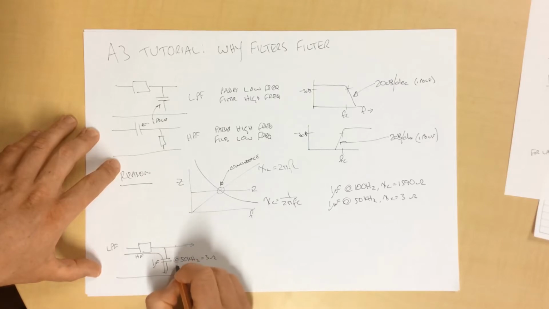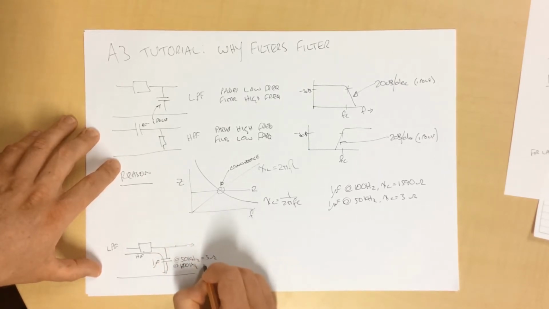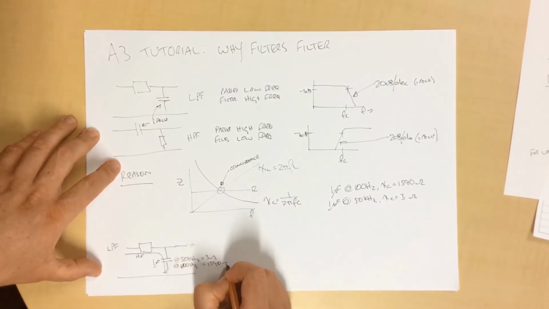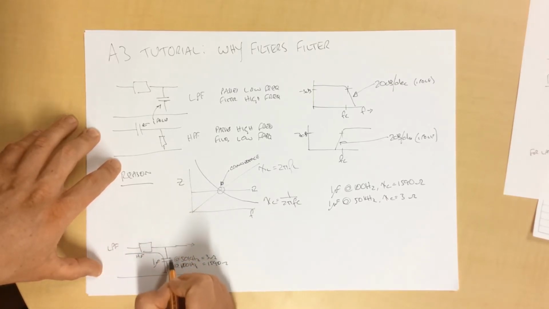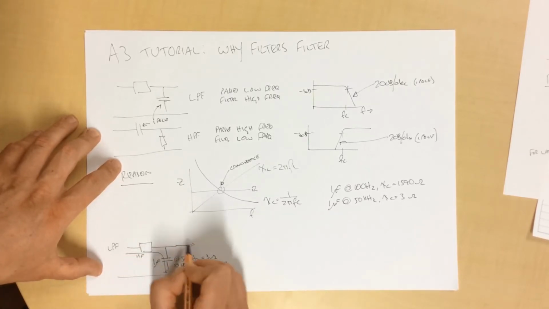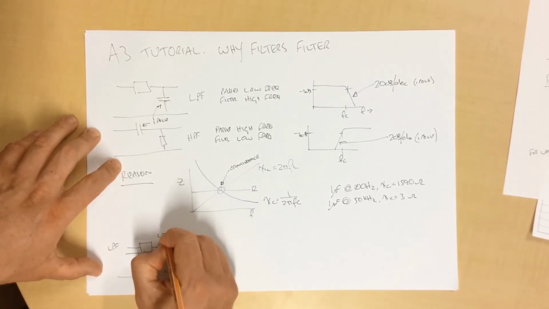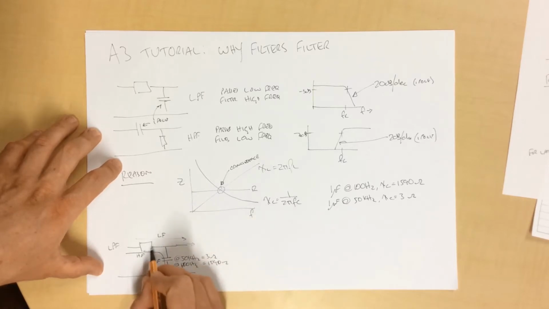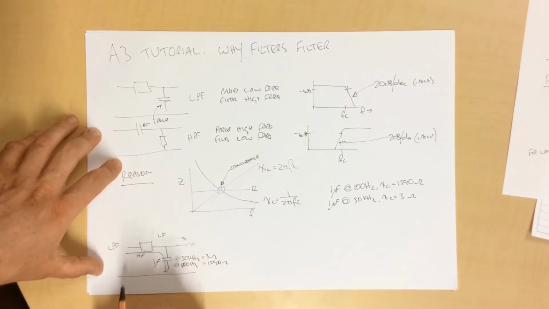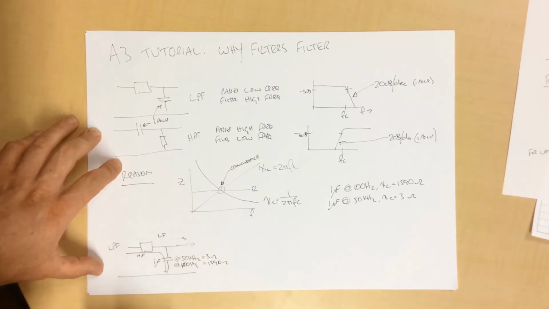The low frequencies at 100 hertz, they see this as being a much higher impedance. So the low frequencies, rather than go down through this high impedance path, will go this way. And that is why a low-pass filter passes the low frequencies, because this is a much higher impedance down here, and the high frequencies get filtered out.